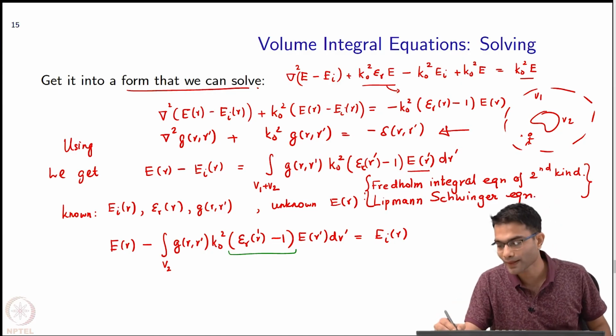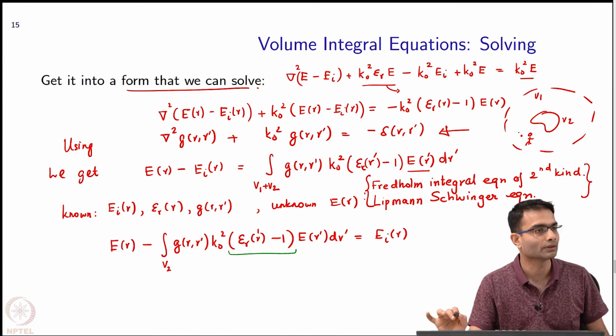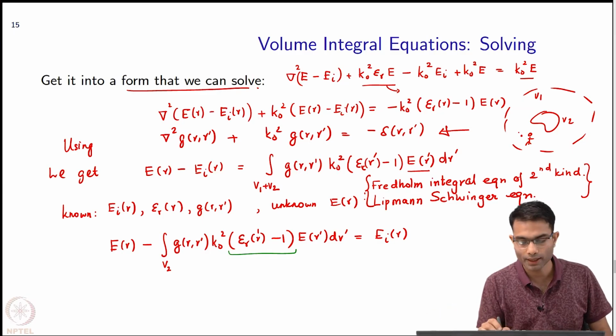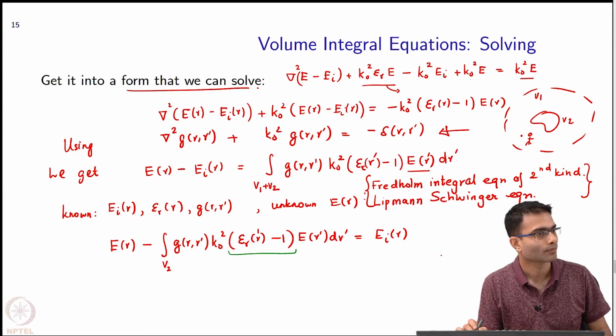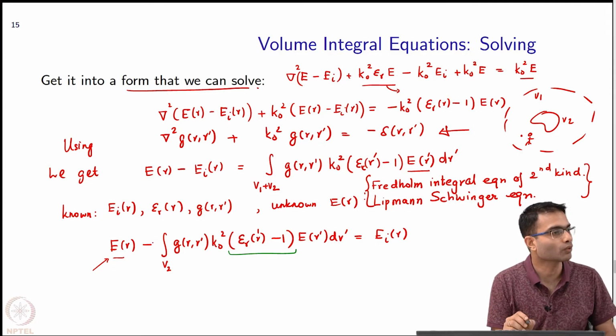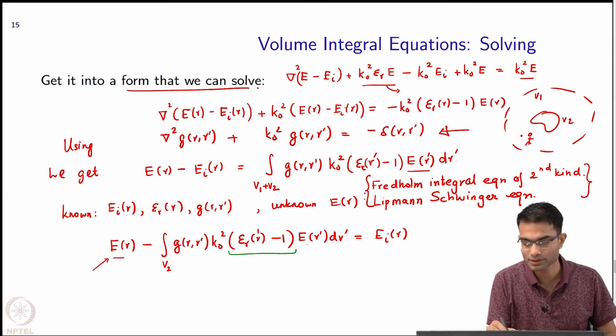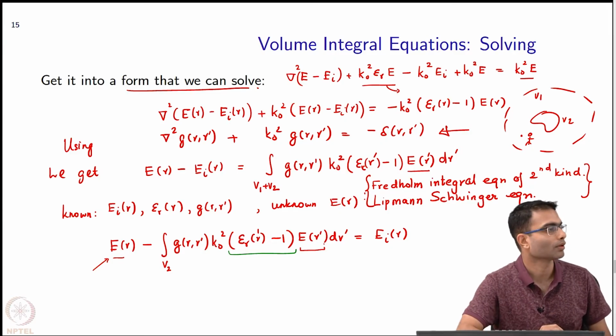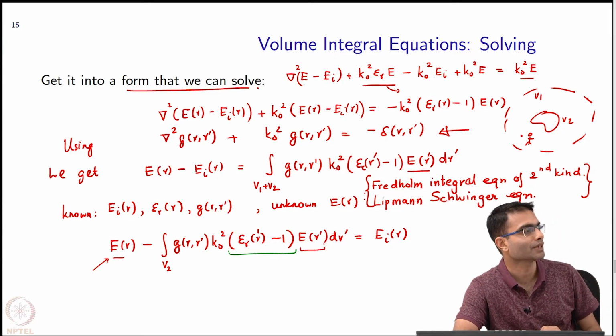So, if I plug in a value of R belonging to V1, what is the problem with this equation? Supposing I put R equal to some point inside V1 here. I will get an expression for E of R equal to E incident plus this term over here. In this term, I do not know one quantity, which is the electric field inside V2.